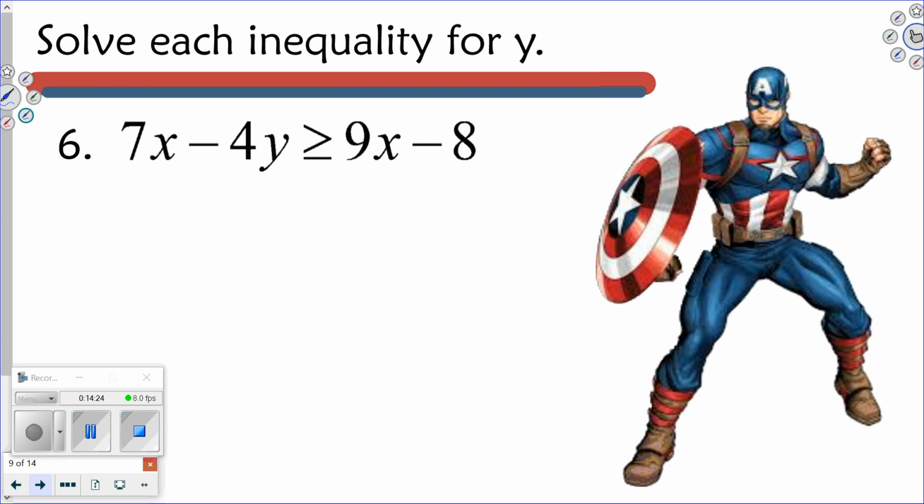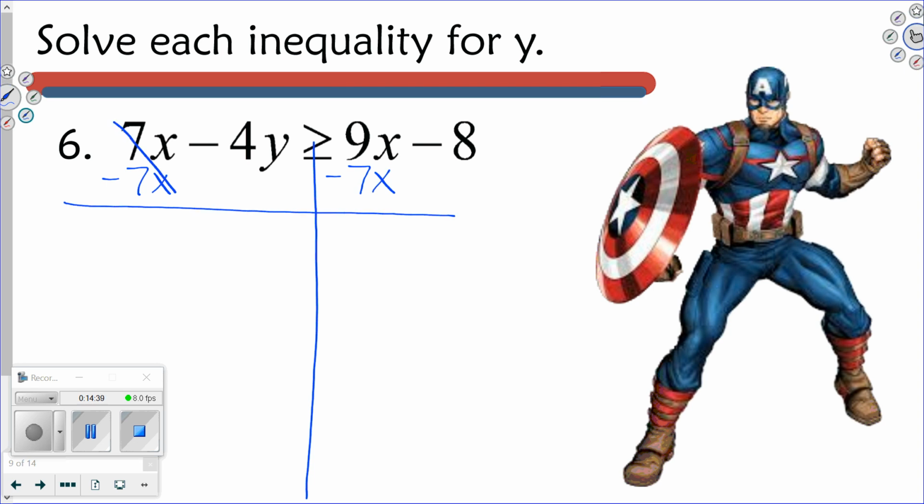All right, number 6. We have stuff to move away from the y. Good, subtract that 7x. And again, it has a like term over there, so I will put it underneath that like term. So negative 4y greater than or equal, good, 2x minus 8.